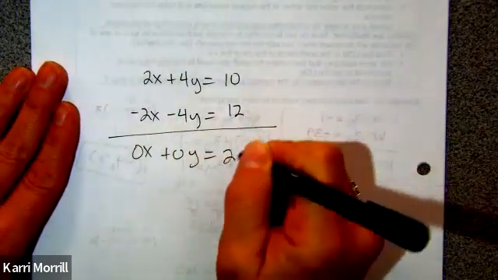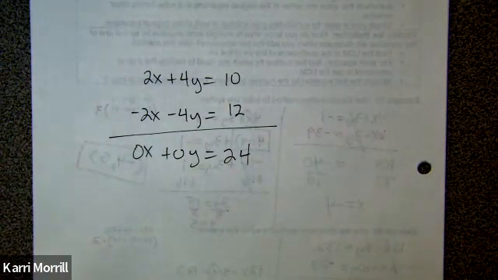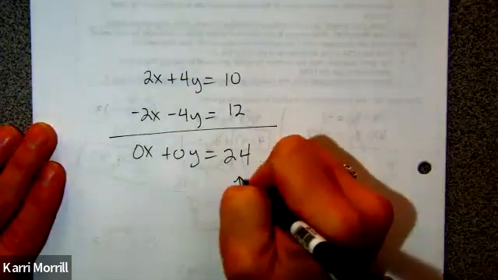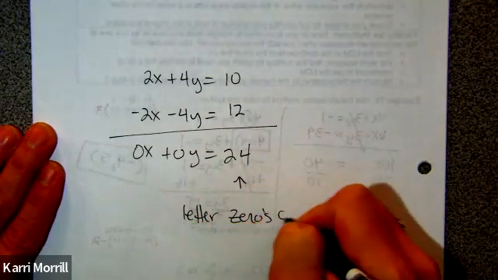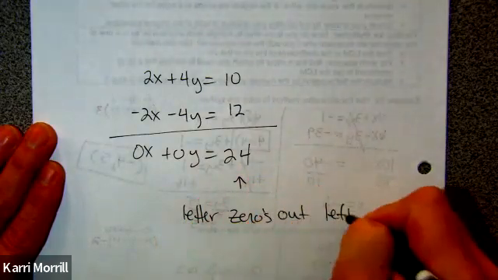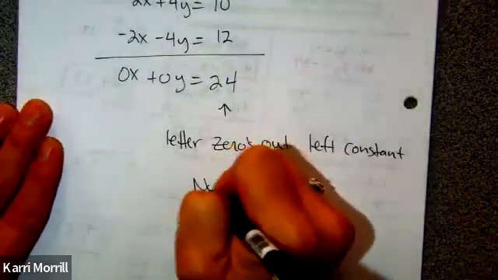But we have a constant left over. So algebraically, no matter what you get to, if you are left with a constant, so the letter zeros out, but you're left with a constant, then that means that these were just parallel lines. And it would be no solution.